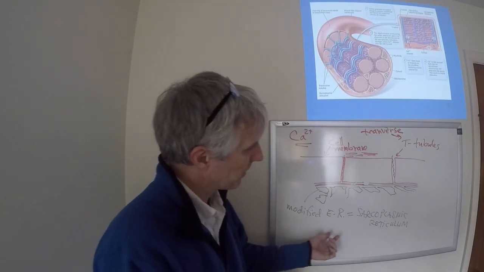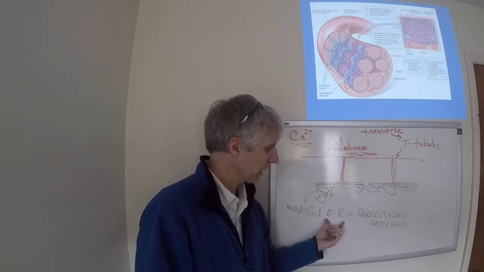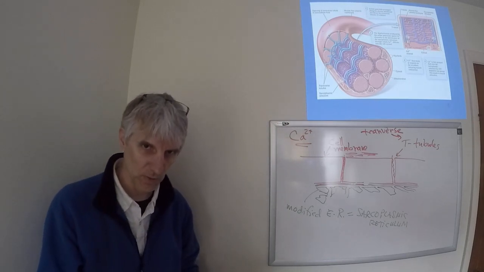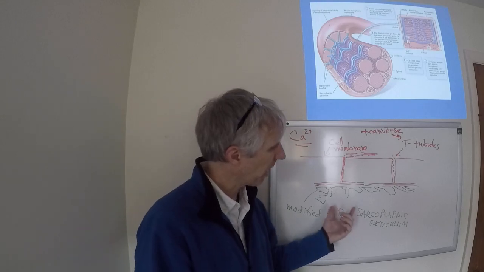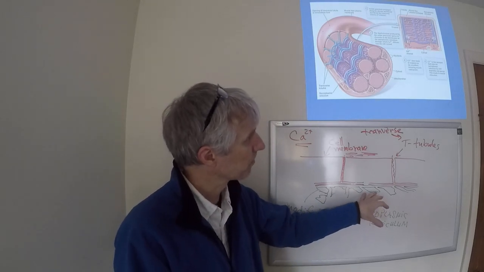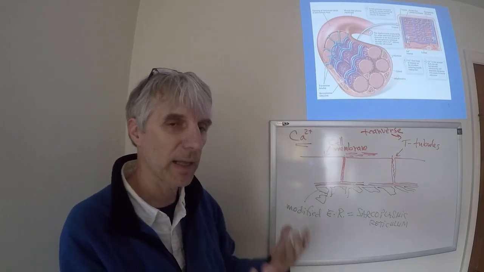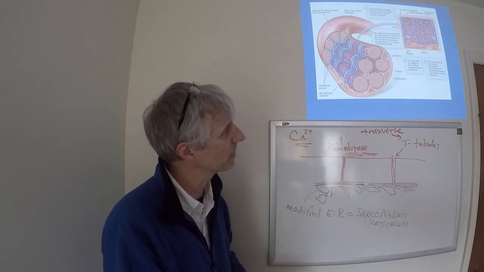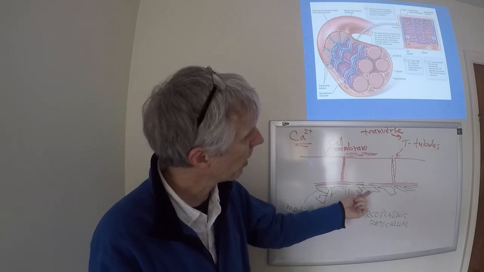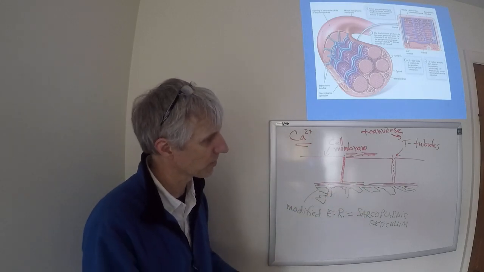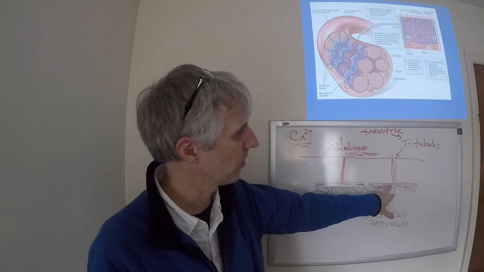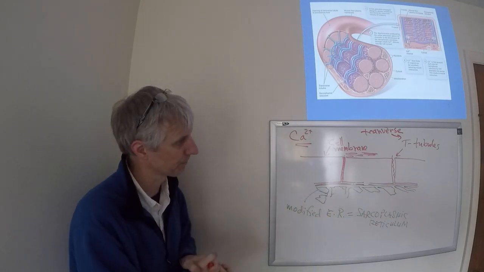The sarcoplasmic reticulum is the endoplasmic reticulum of muscle cells. And they're modified a little bit in that they're organized like this, still highly convoluted like an ER should be, but they run right up against that transverse tubule. Okay, they're right up against each other. Okay?